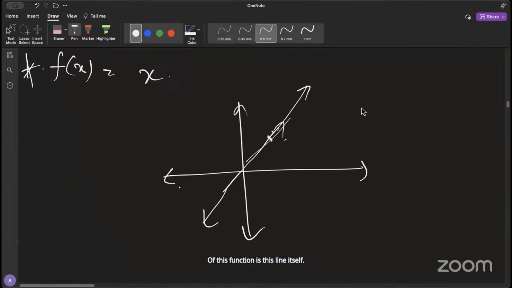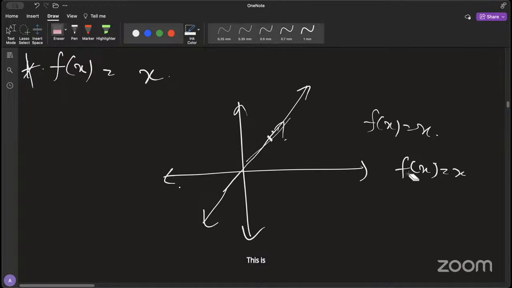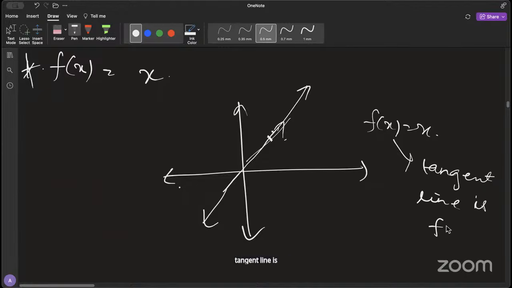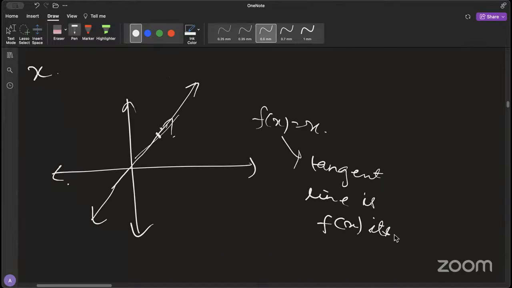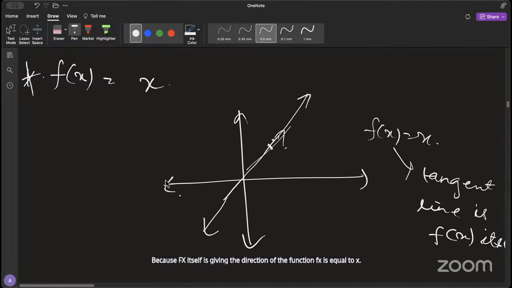Later, when you study tangent lines, you will see that the tangent line to f(x) = x is f(x) = x. The tangent line is f(x) itself, because f(x) itself is giving the direction of the function f(x) = x. Okay.